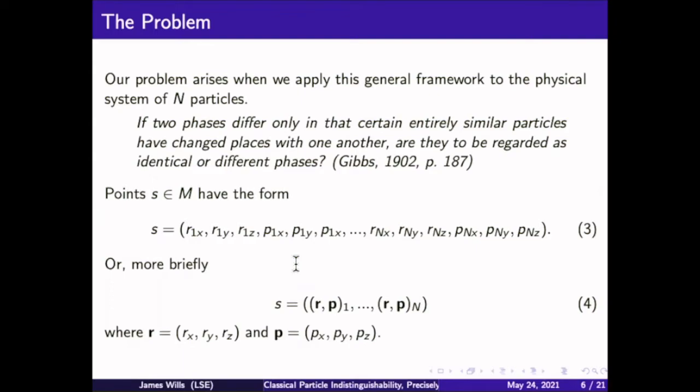I'd like to draw some attention to the structure of this phase point, which is going to help understand the language I'm going to be using. So let's think of this phase point as consisting of n slots into which we put single particle states. So in the first slot, we're putting the single particle state r p 1, and so on.